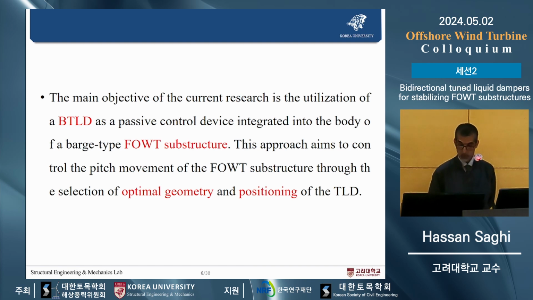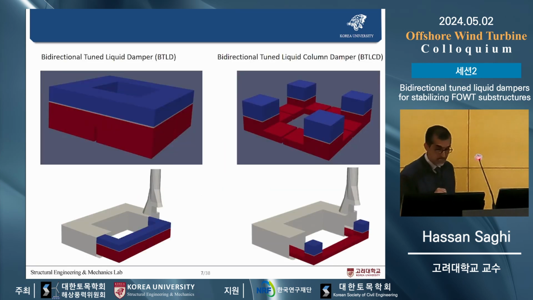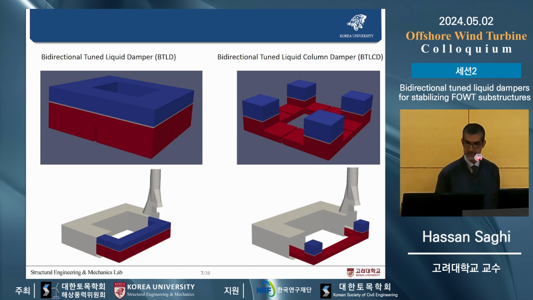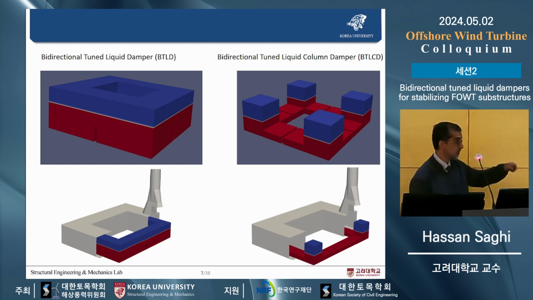Through the selection of optimal geometry and positioning, we try to find the optimum geometry of different tuned liquid damper devices. I will explain. As you can see in this figure on the top left and right, two kinds of tuned liquid dampers: the bidirectional tuned liquid damper, or BTLD, on the left, and the BTLCD, or bidirectional tuned liquid column damper, on the top right.